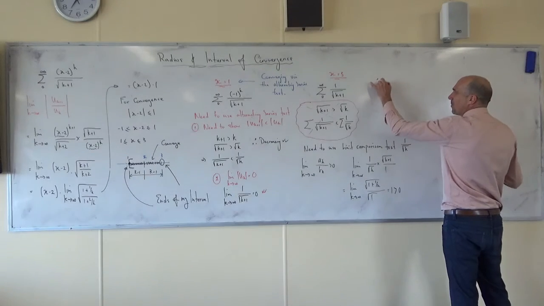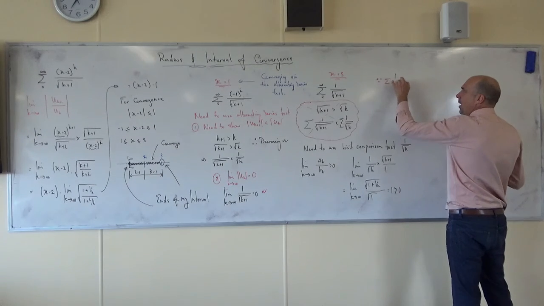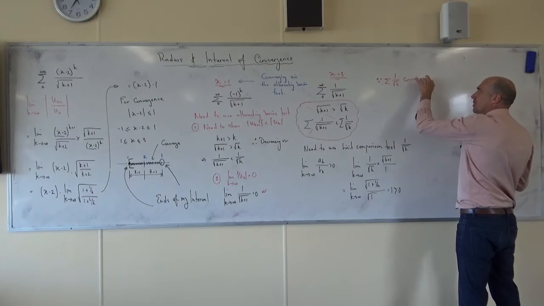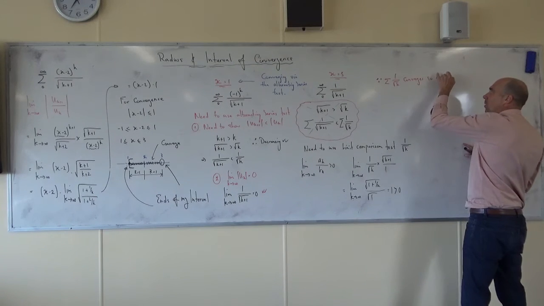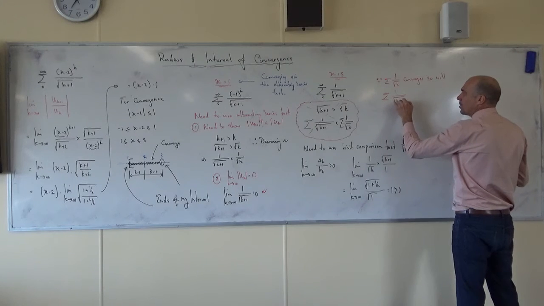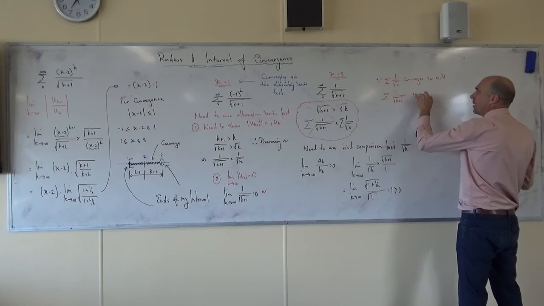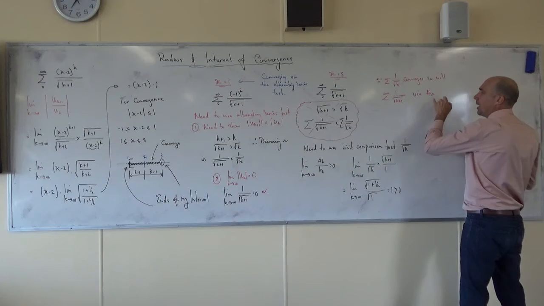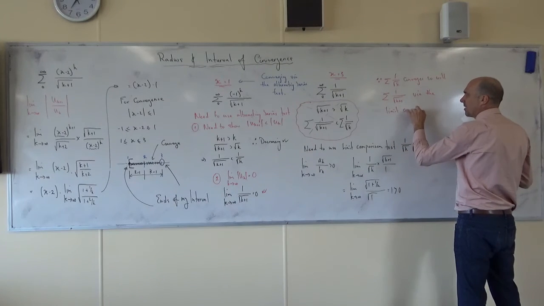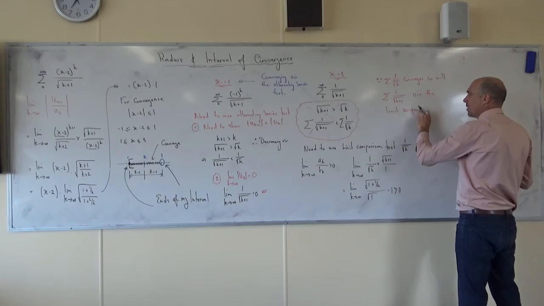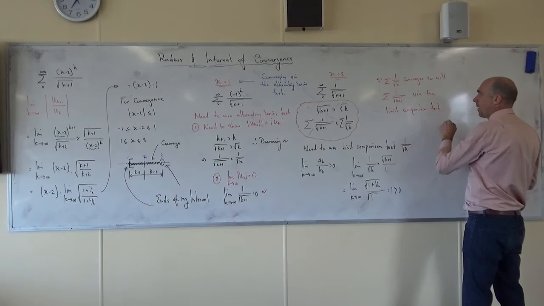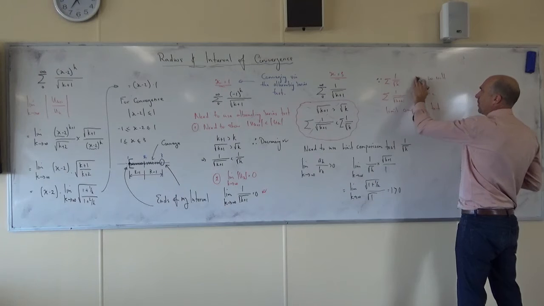Because the sum of 1 on root k diverges, so will the sum of 1 on the square root of k plus 1, via the limit comparison test. Just making sure I've got a nice conclusion. Mr. Stewart, that's divergent. Thank you.